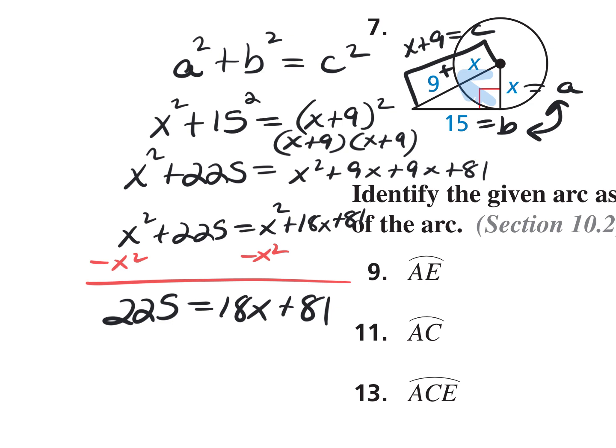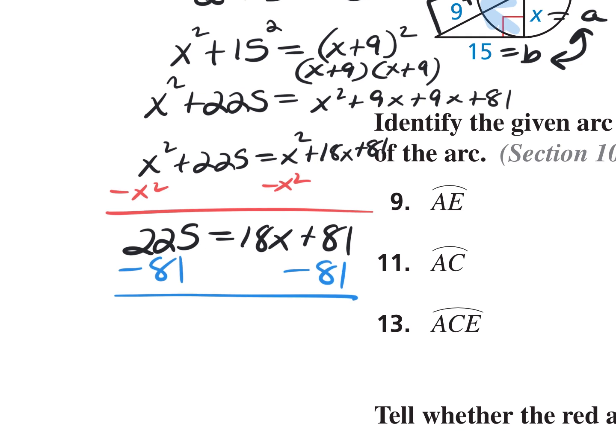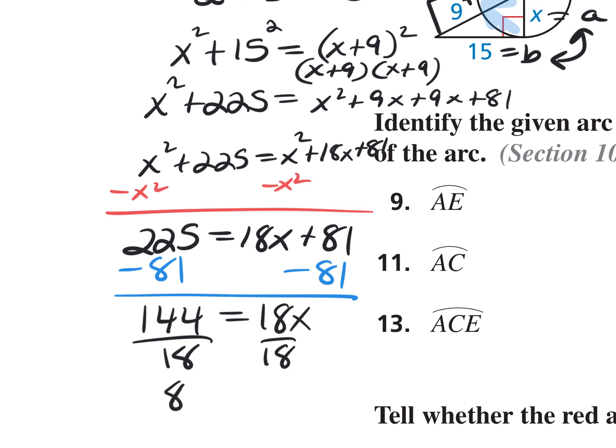My goal is to get x by itself. So I need to subtract 81. And then once I subtract 225 and 81, that gives me 144. And then now I have to divide 144 by 18. And once I do that, I get x equals 8. So my value of x is 8.